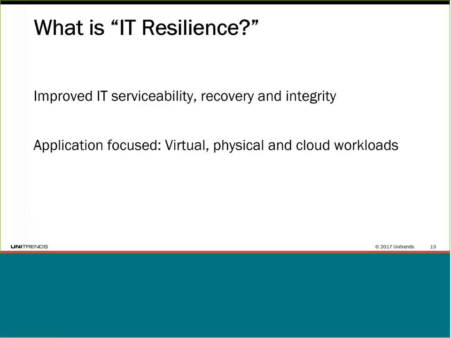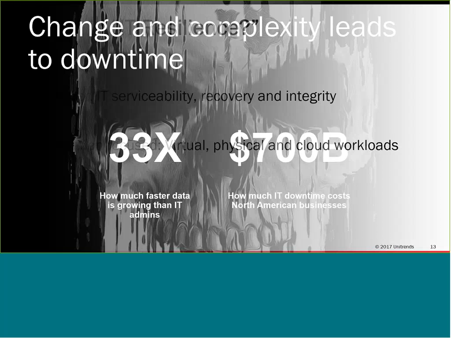Another component is application focus, right? And this could be virtual, physical, or even cloud workloads. But it's not just infrastructure at the system level, it's application level focused. And you can get from the term, right? We're talking about resilience. How do you maintain that uptime in more unique, valuable ways than what you get from traditional disaster recovery?